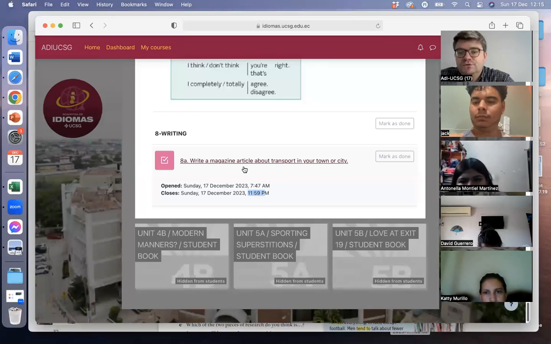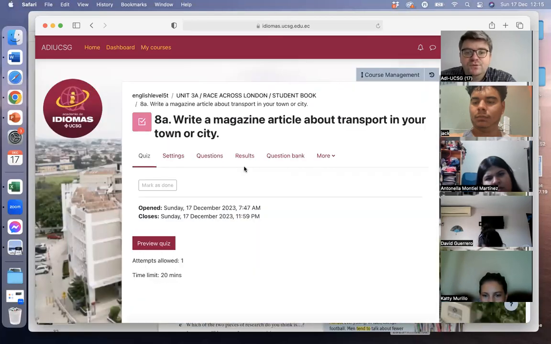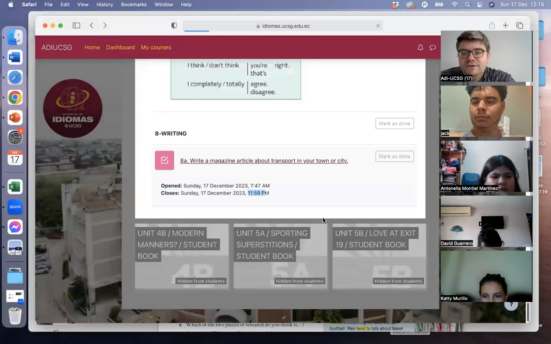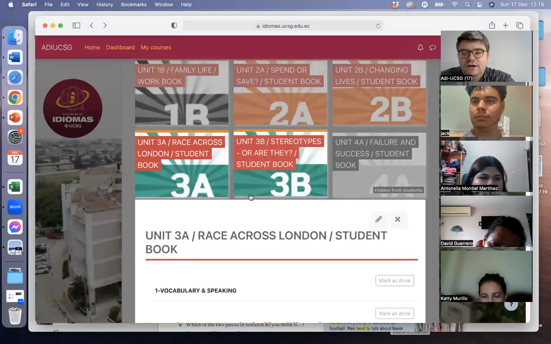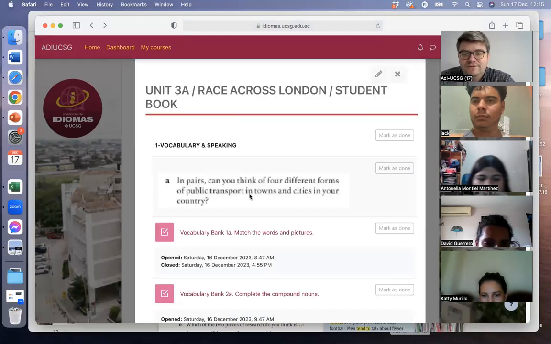What kind of transport do you have? Is the transport safe? Is the transport cheap? Where can you get from one place to another? For this activity, we need a minimum of 150 words. Okay? Minimum 150 words. And then I will give you the grade depending on how well you describe everything.